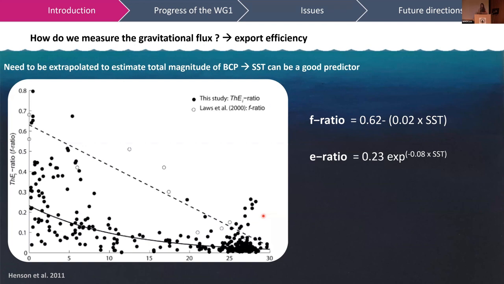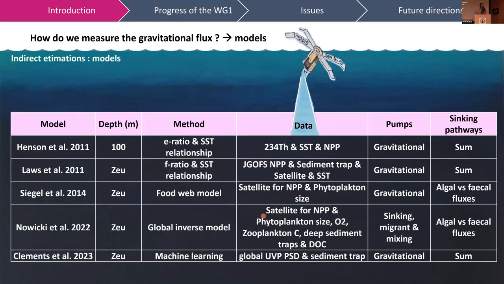So obviously, to estimate the total magnitude of the biological pump, local measurements need to be extrapolated to the global scale. And the sea surface temperature has been found as a good predictor, as you may see on this figure. On the side of indirect estimations, some models are available, generally coupled with satellite data. These are examples, and as you can see, they are all different.